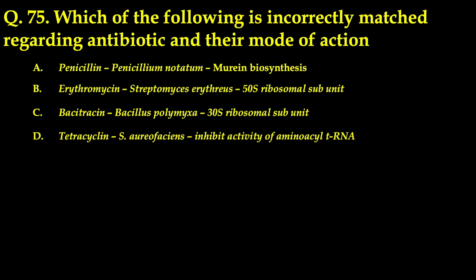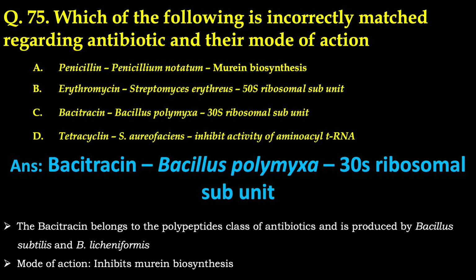The last option is on tetracycline, produced by Streptomyces aureofaciens, and the mode of action as mentioned in the question is on inhibit the activity of aminoacyl tRNA, and the correct answer as per the question is bacitracin, produced by Bacillus polymyxa, and mode of action 30S ribosomal subunit.